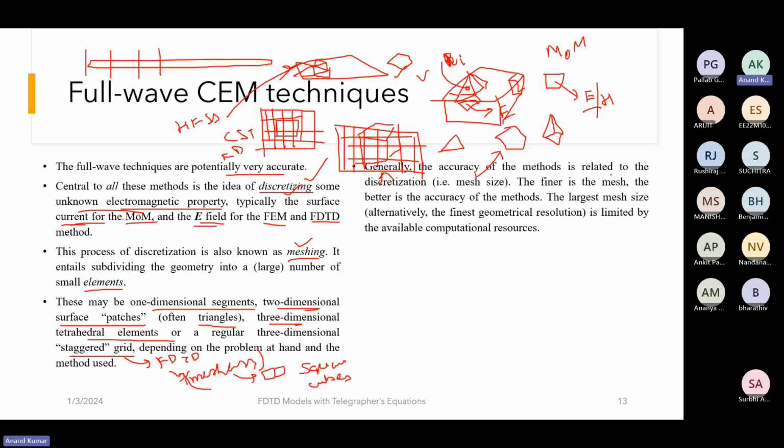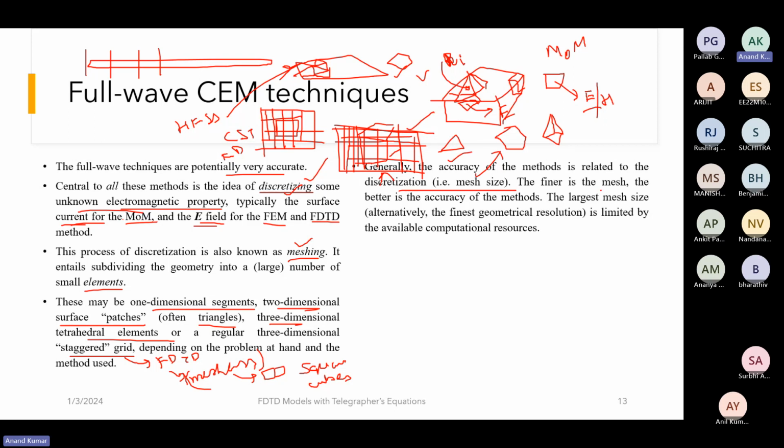Generally, the accuracy of these methods is related to the discretization, that is the mesh size. So your results will become more accurate if you discretize it smaller. If you have smaller grids, you will be able to better approximate the geometry, find out fields in closer places, and hence get better results.